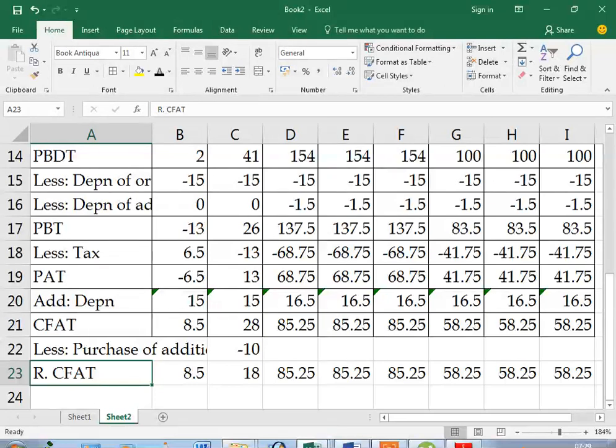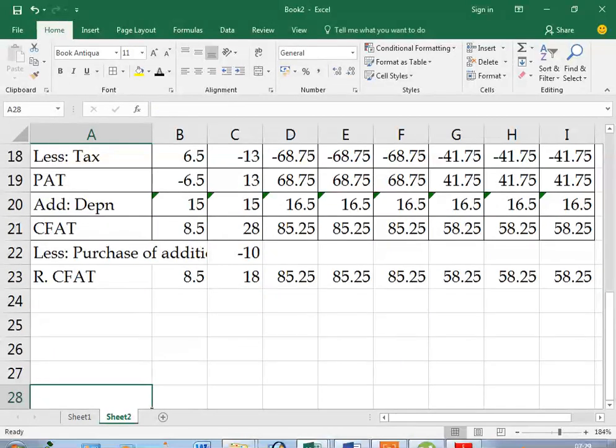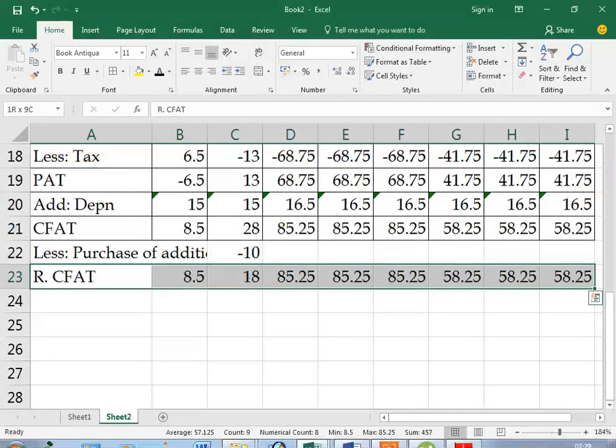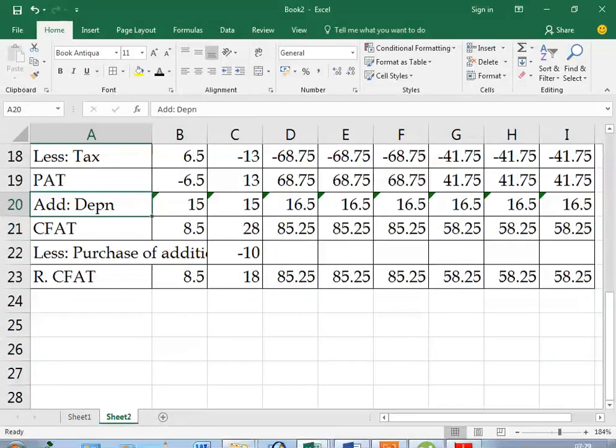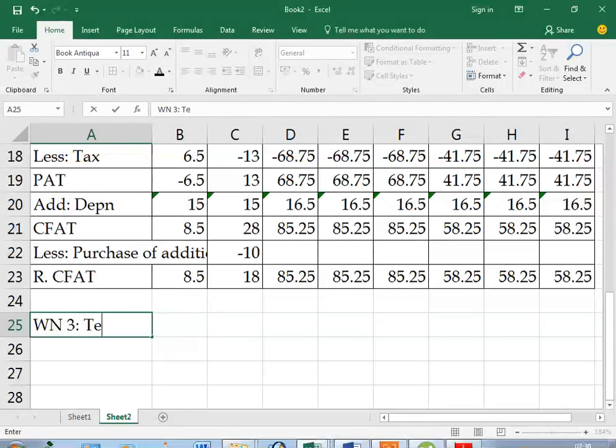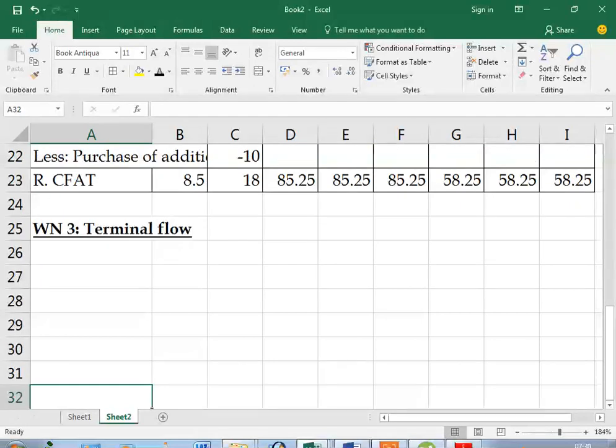Next, working note 3, terminal flow. Any doubts on the revised CFAT figure? Can you proceed? Working note 3, terminal flow. Now, terminal flow is going to have 2 things.